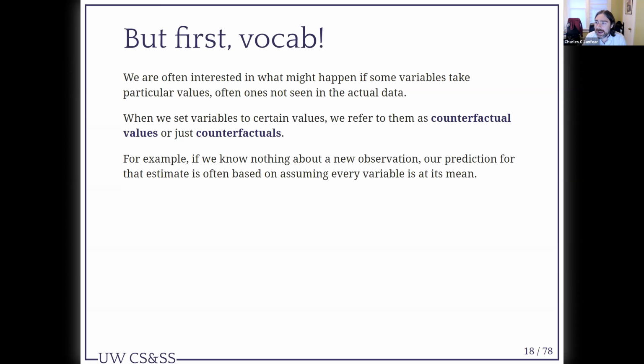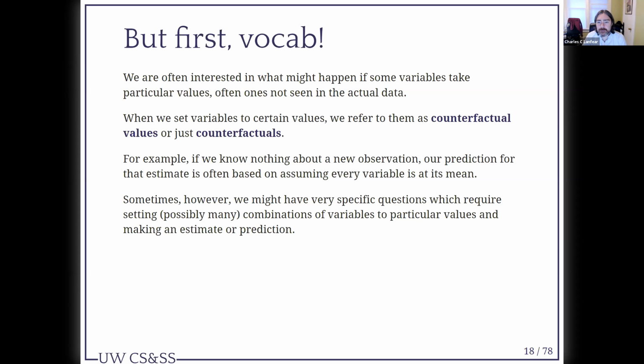So if we don't know anything about a new observation in our data, we might predict that its estimate is going to be equal to the result given all the other variables are at their mean, right? This is why if you don't know anything else about what's going to happen, you would just set all your variables to their average values and use that to predict an expected outcome. Okay, that's a type of counterfactual. What would be the most average imaginable case? What would be its expected outcome? Okay.